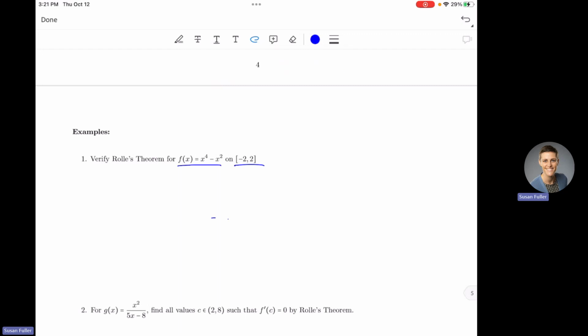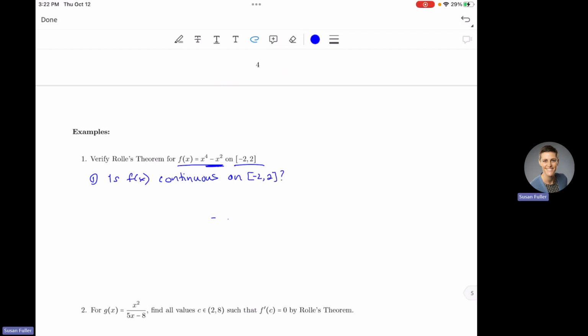So let's start with, if we have a function f of x is equal to x to the fourth minus x squared, and I want that function over the closed interval from -2 to 2. The first hurdle that I have to get over is, is my function continuous on my closed interval from -2 to 2?